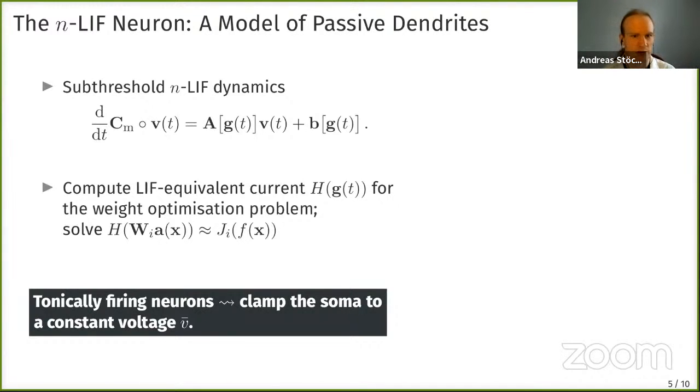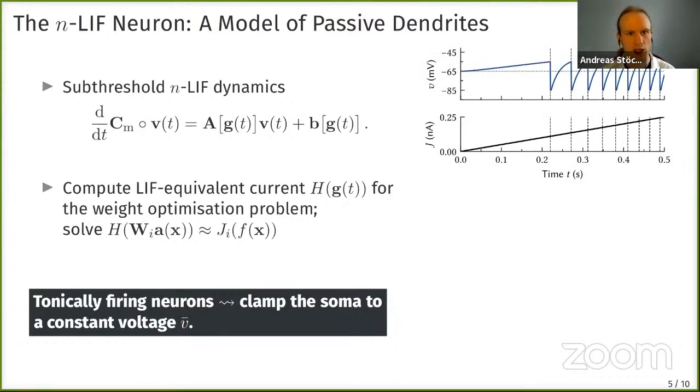But the basic or crucial idea here is that as long as we have tonically firing neurons, then the somatic compartment essentially can be approximated as having a constant membrane potential. So we can clamp the membrane potential to this voltage V bar. And this should become a little clearer if we look at the voltage trace of a single LIF neuron that's tonically spiking.